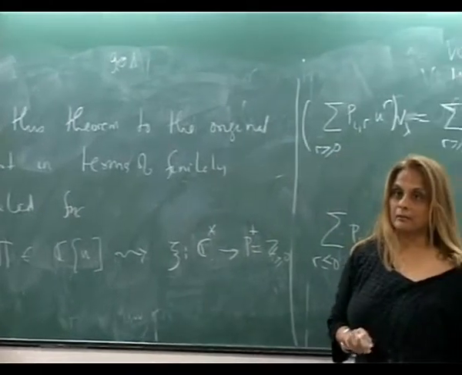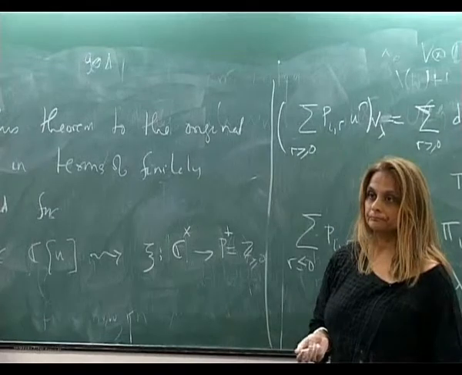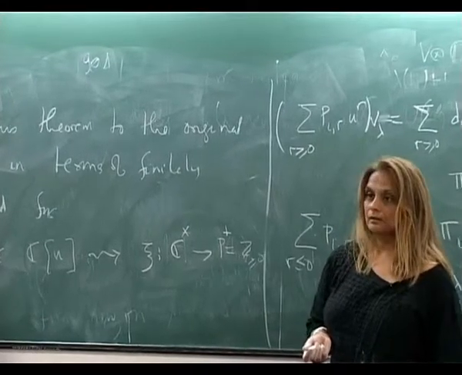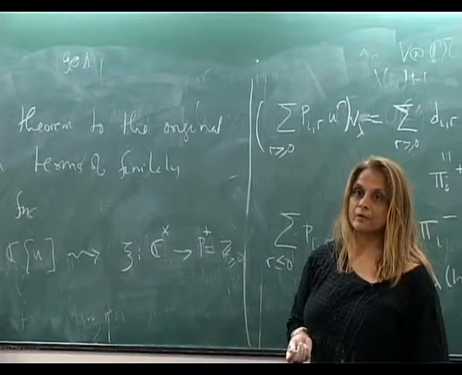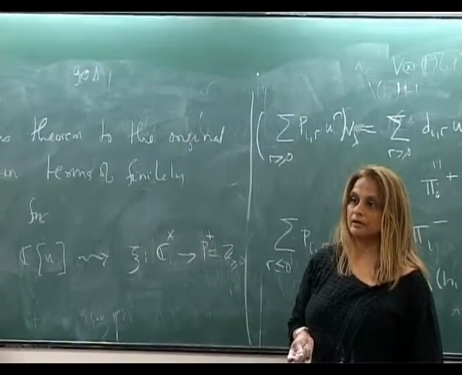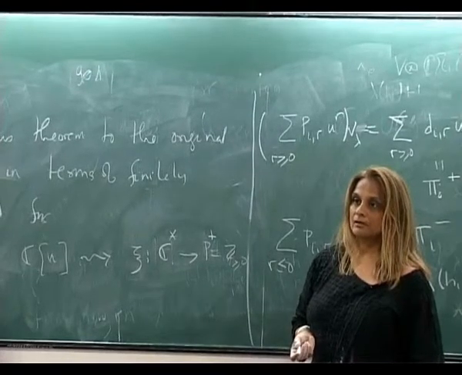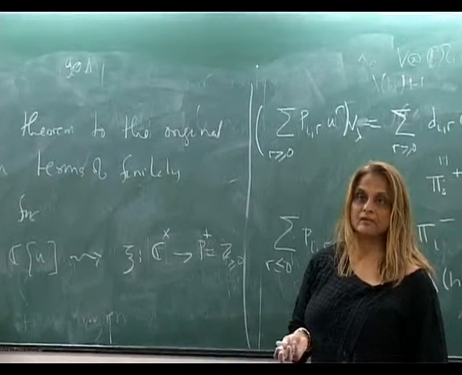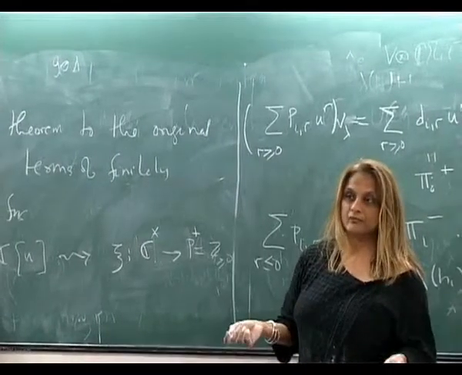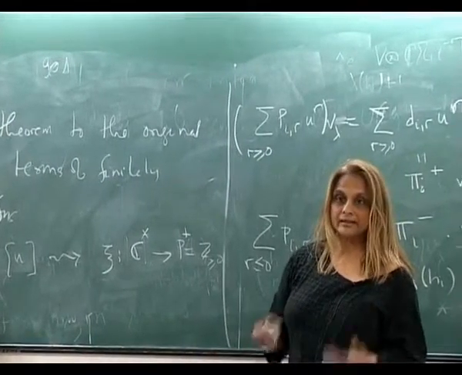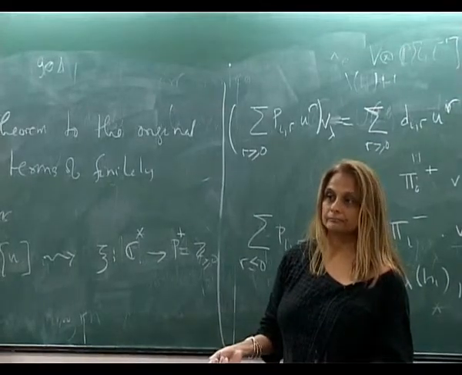So given my polynomial, how do I produce my psi? I need to produce a finite set of points, and with each point, I want to associate an integer. So you factorize your polynomial. Once you factorize it, you take the distinct set of roots. That's your finite set. And for every root, you write down its multiplicity.